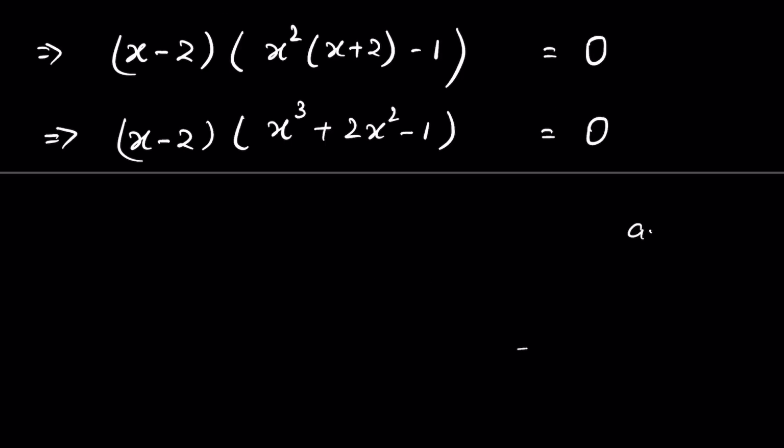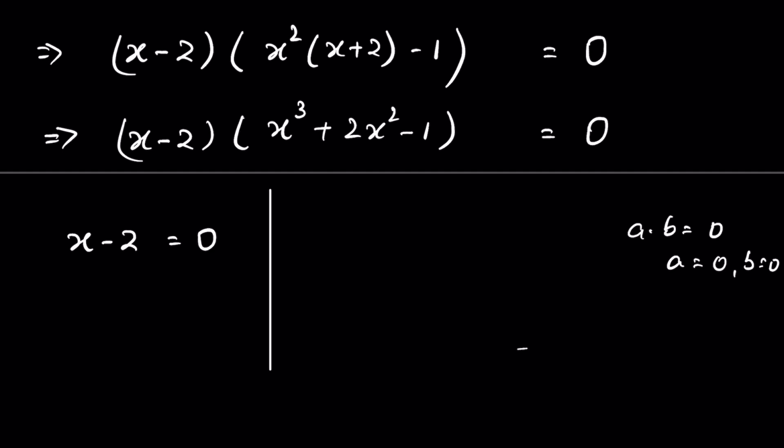Now when a times b equals 0, then either a equals 0 or b equals 0. So the first solution is when x − 2 equals 0. In that case x equals 2. So this is the first solution for x.